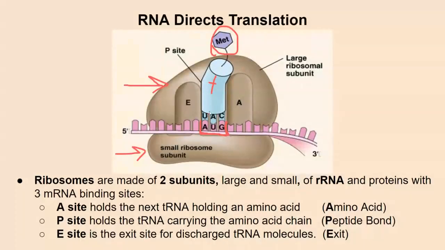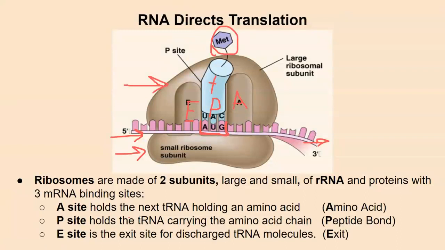Once that tRNA is in place, we can begin translating in the 5' to 3' direction. We're always going to go in the same direction. Now, there are 3 main binding sites on a ribosome: the A site, the P site, and the E site.